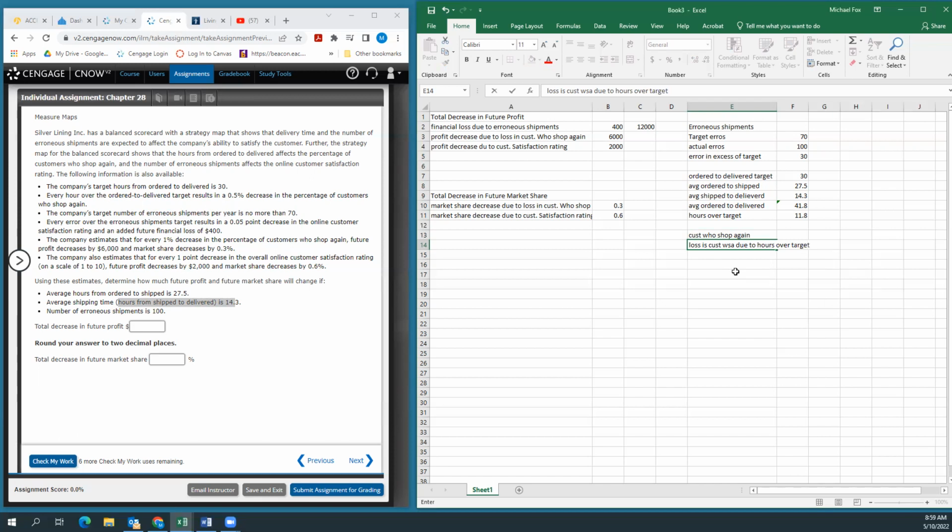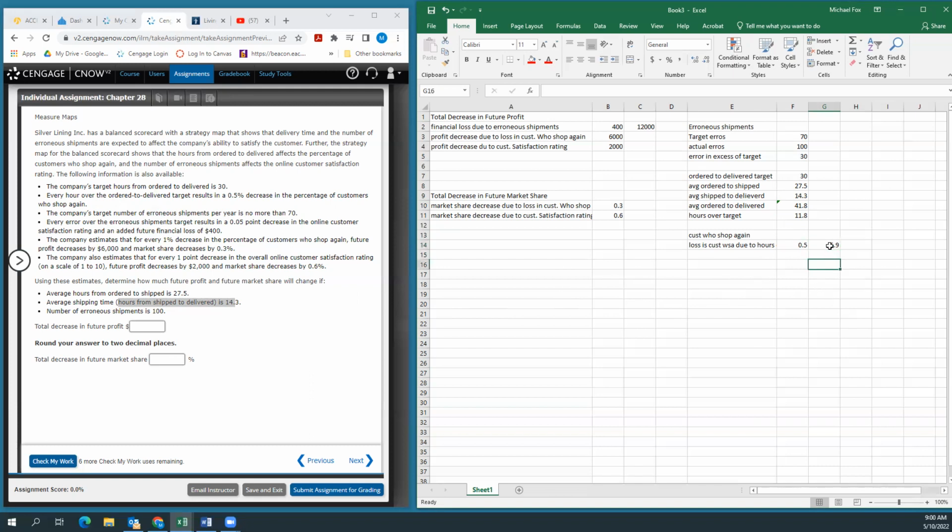Again, you can label these whatever you want. So we know that for every hour over target, it's a 0.5% decrease in the number of customers who shop again. So then we can multiply the hours over target times 0.5, and that'll give us our total percent decrease. So we're going to have a 5.9% decrease in customers who shop again due to our hours over target. We'll look through these more, and I don't see any other of these that impact customers who shop again.